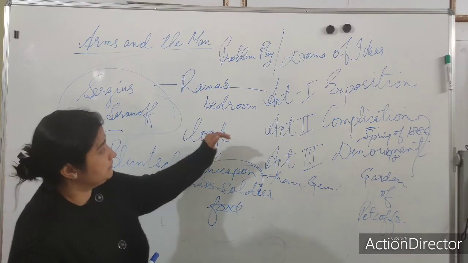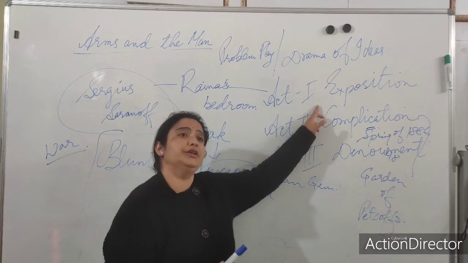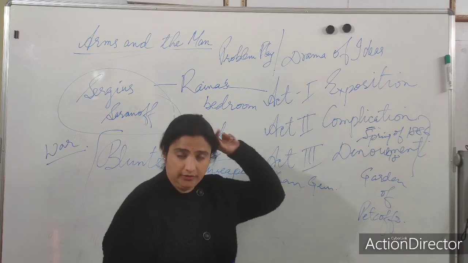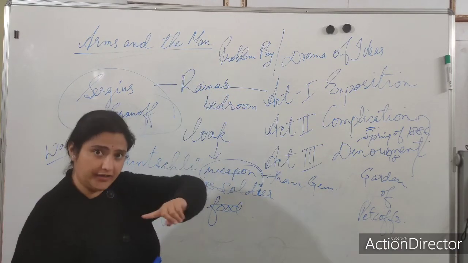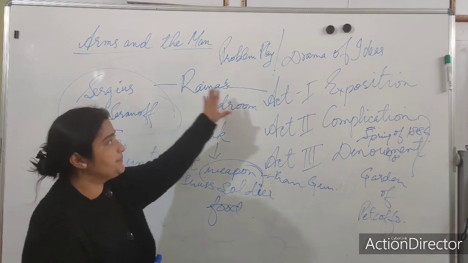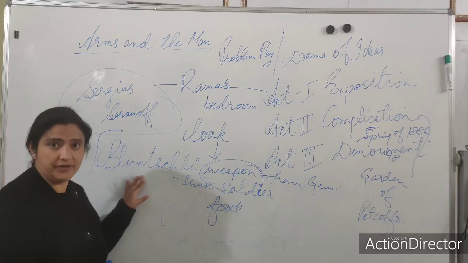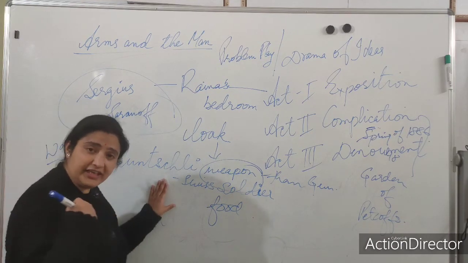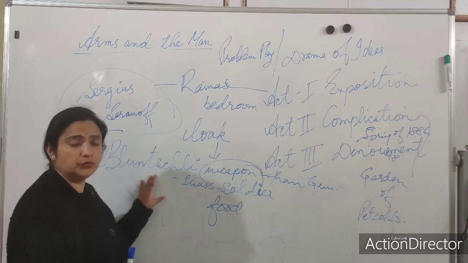Now, as Act 2 was closing, remember one thing I forgot to tell you: Catherine, Raina's mother, and Raina helped Bluntschli to escape their house, right? And while they were sending him off from their house, they gave him a what?